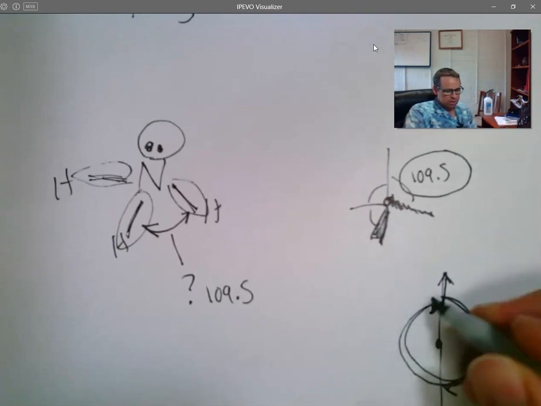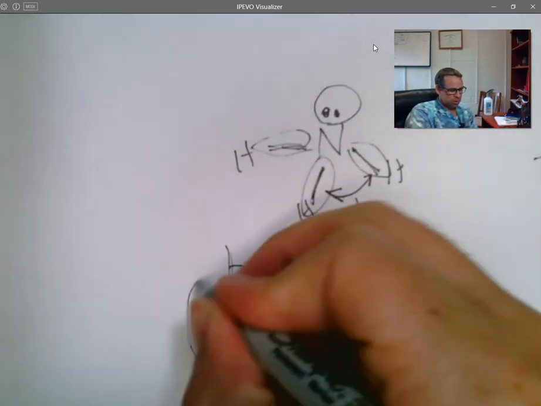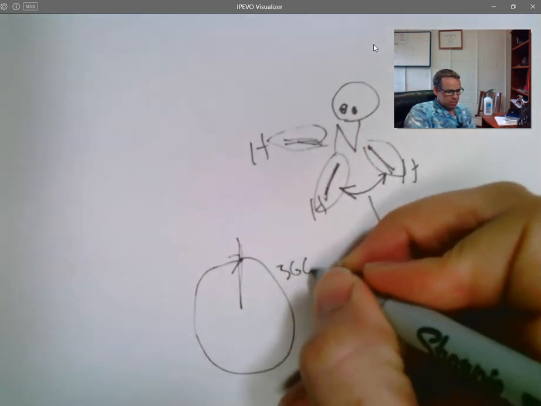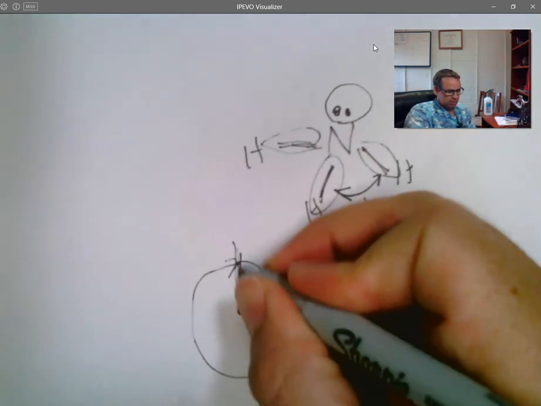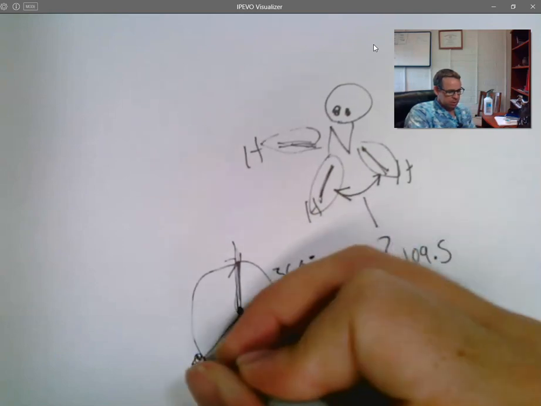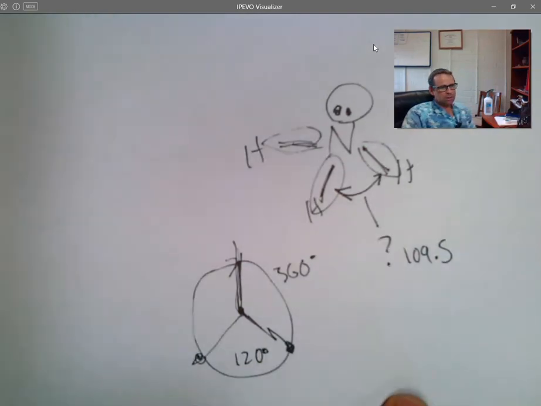If you go 360, that's all the way around, right? So a circle is 360 degrees, okay? Because we know that a circle is 360, hopefully we have the ability to recognize that if there are 3 regions, it's just 360 divided by 3, or 120, right?